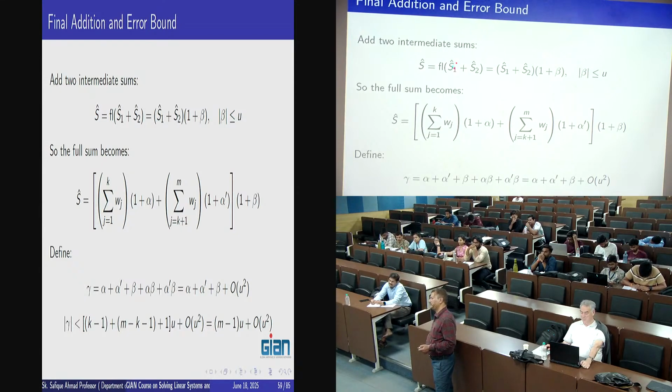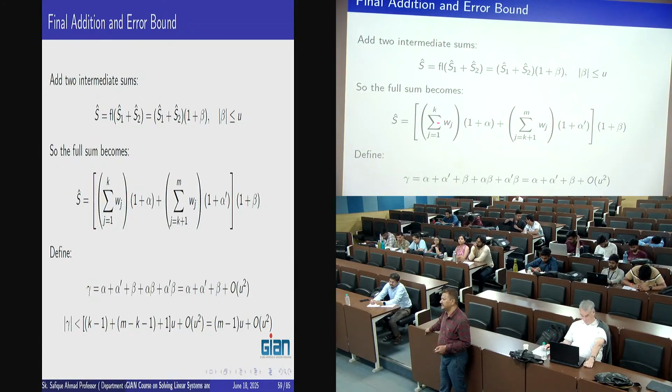This is S1, apply the floating point arithmetic. This one is floating point of S1, so 1 plus epsilon 1, because floating point of S1 cap is nothing but this times floating point of S2, which is this much, and 1 plus epsilon dash.